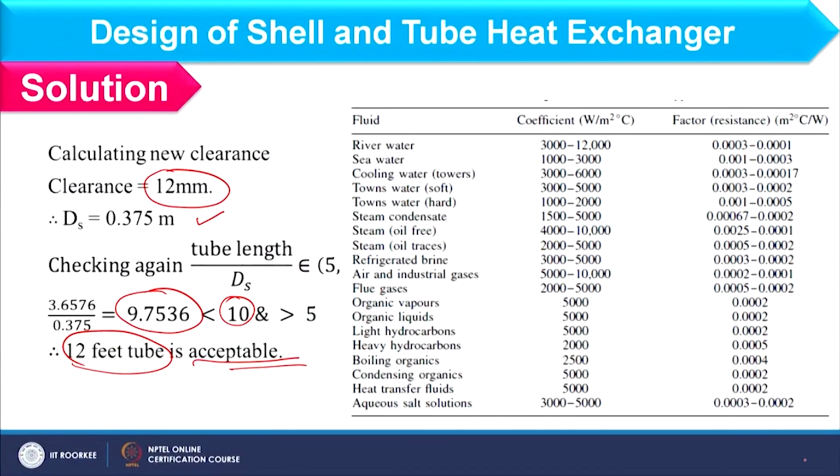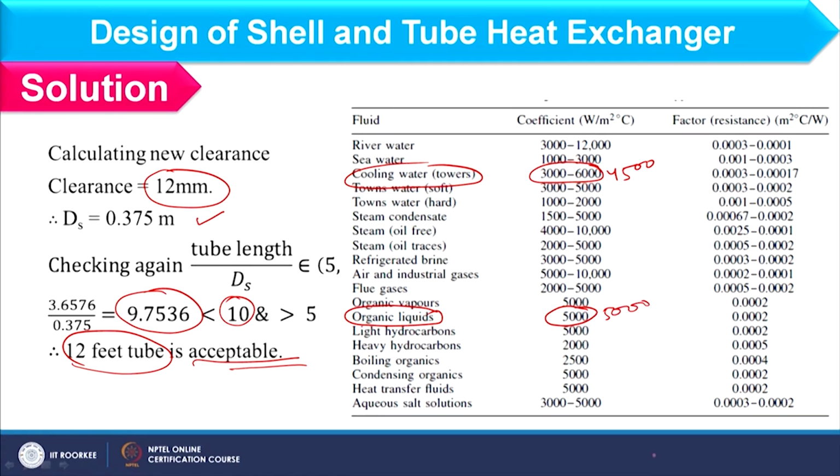So, in this table we can consider organic liquid and benzene will fall in this category. So we have coefficient as 5000 for benzene. Okay, cooling tower water, the range is given as 3000 to 6000. So we have to take the average value. So here we can have the value 4500, and 5000 for benzene.